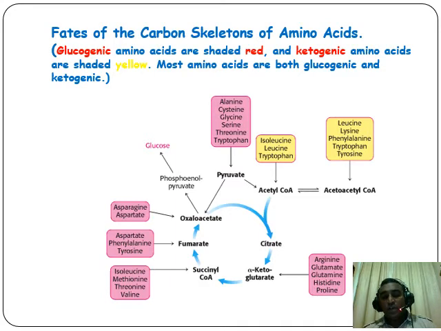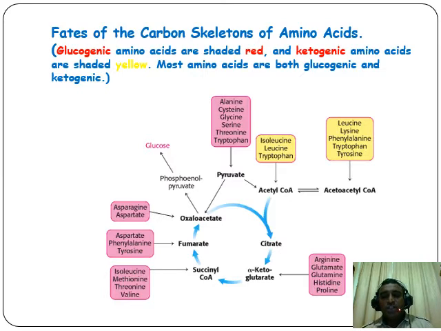Here, the yellow boxes indicate, for example, isoleucine forming acetyl-CoA, but instead of going on to become citrate, it is encouraged to remain as acetyl-CoA and therefore enter ketone body production rather than becoming citrate. And then you also have certain amino acids that are both glucogenic as well as ketogenic.